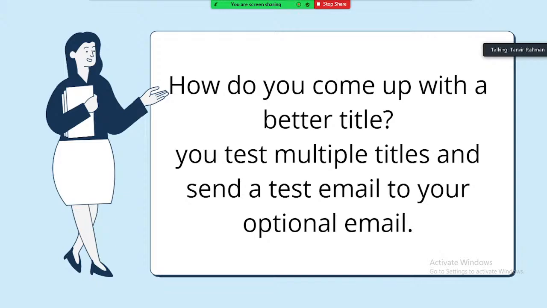Because for most of us, for a long time, email is based on the title we are putting there, right? So if your title is not that good, you have to think, how can I shape my title and how can I write better copy for my email?